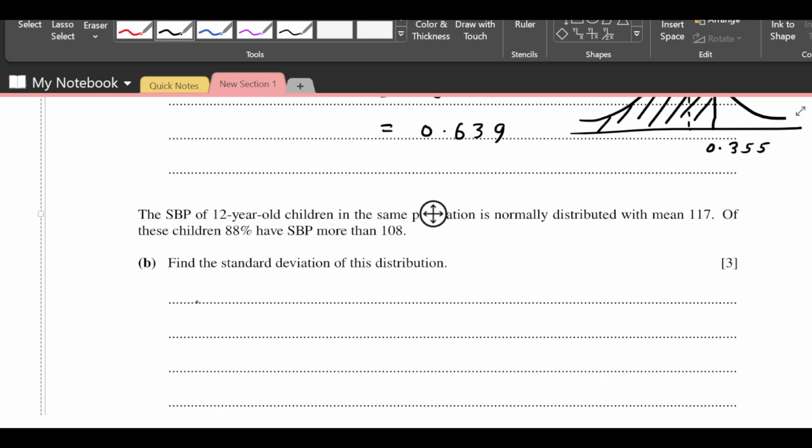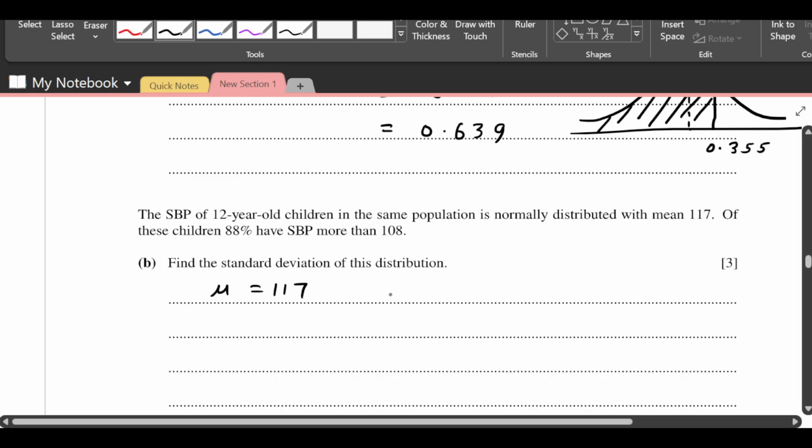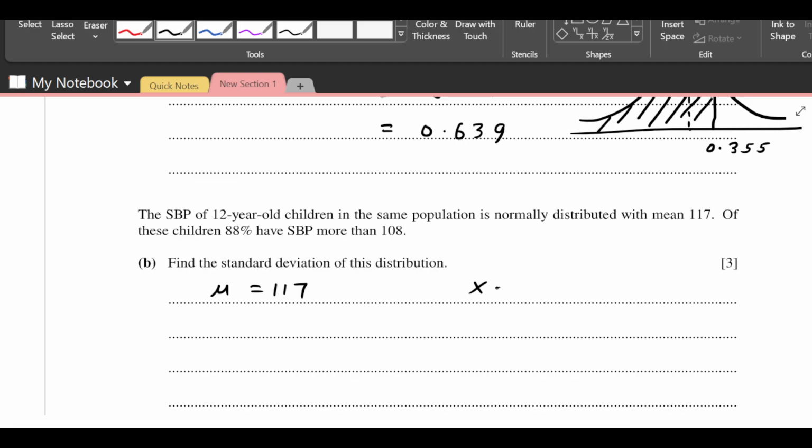So here again, mean is given 117, x is normally distributed with mean and variance.